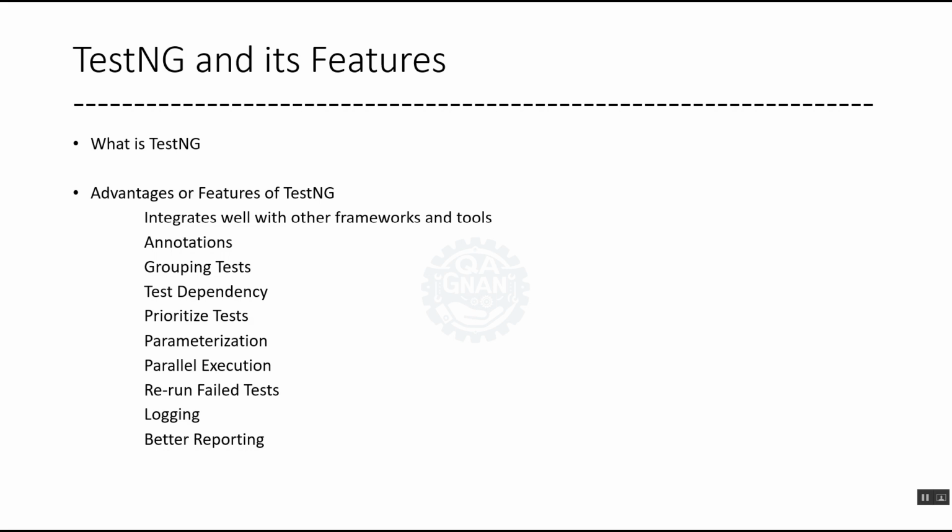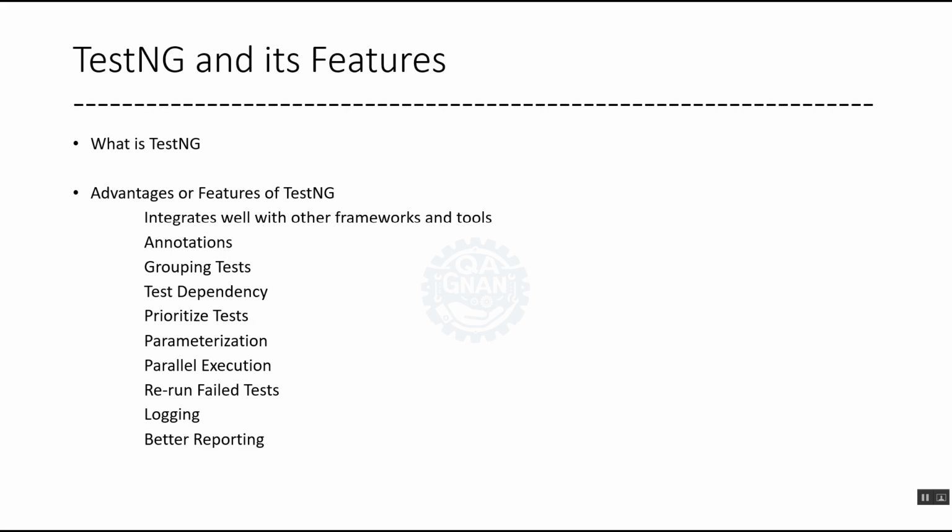TestNG is a feature-rich testing framework that provides greater flexibility and control over test execution, particularly for large, more complex projects where test dependencies, parallel execution, and detailed reporting are important. That is, for projects that require more fine-grained control or advanced testing features.